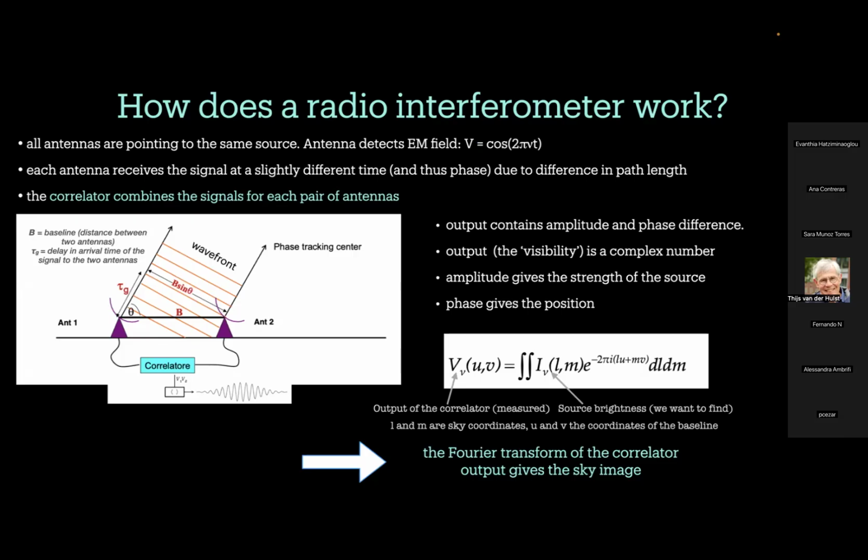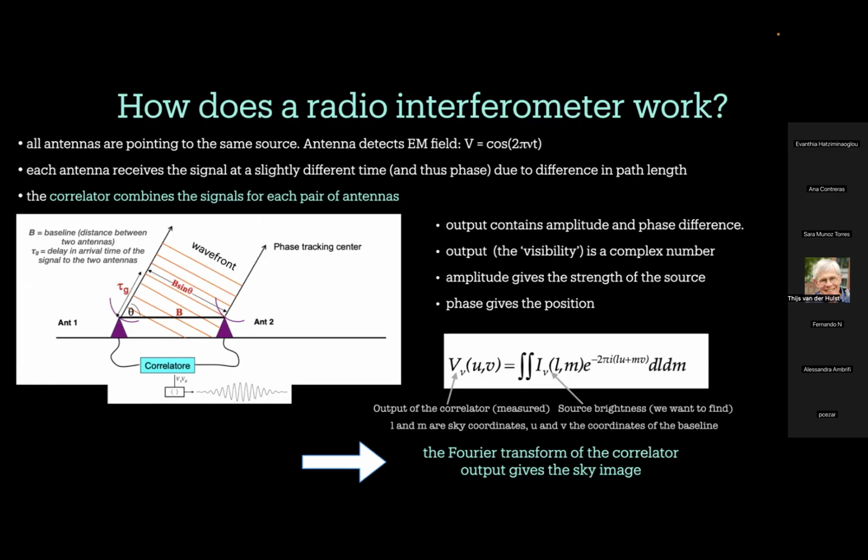Obviously, the stronger the source, the stronger the signal. So one aspect of what you detect is the amplitude, the strength of your source. But an interferometer detects another quantity, namely, this antenna is closer to your target than this one. So there is a time difference. This is the wave coming from the source, and there is a time difference between the arrival at the two dishes.